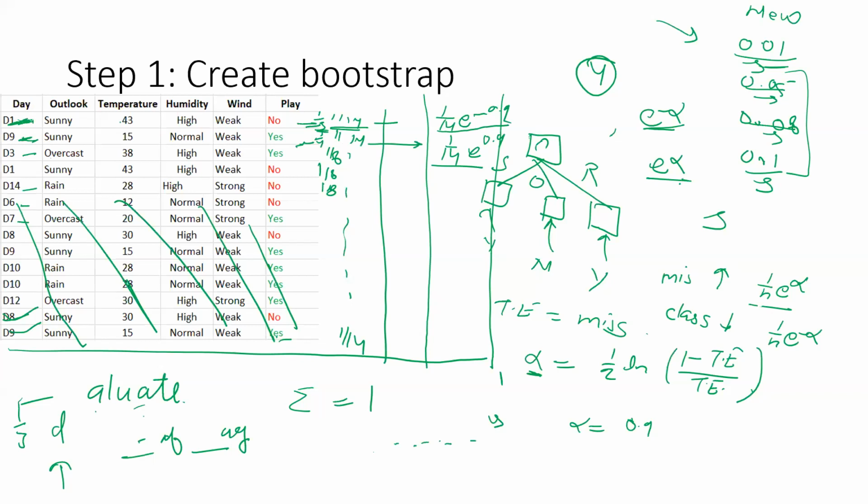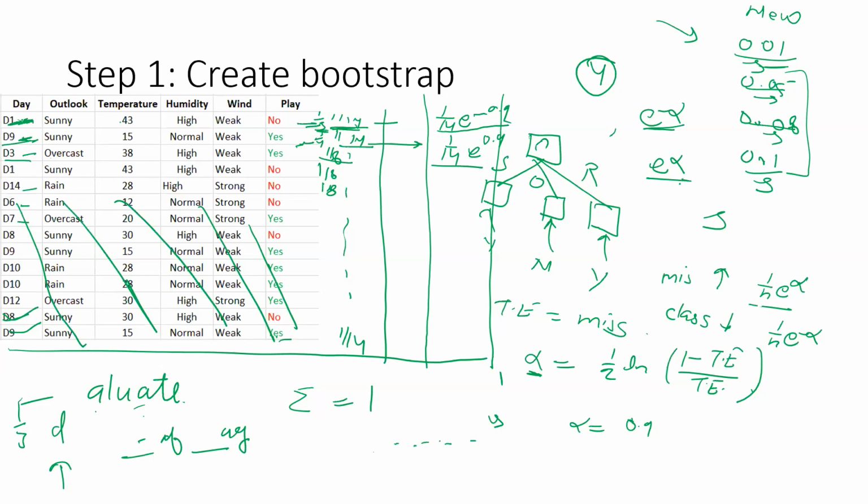No sir, can you repeat? How do we calculate the next term? For creating the next system, we will create a new training data set. For creating the new data set, you take this example with this probability, this example with this probability, and this example with this probability. Because for misclassified points we have increased the sample weights, these have higher chances to appear multiple times in the new training data set, right?